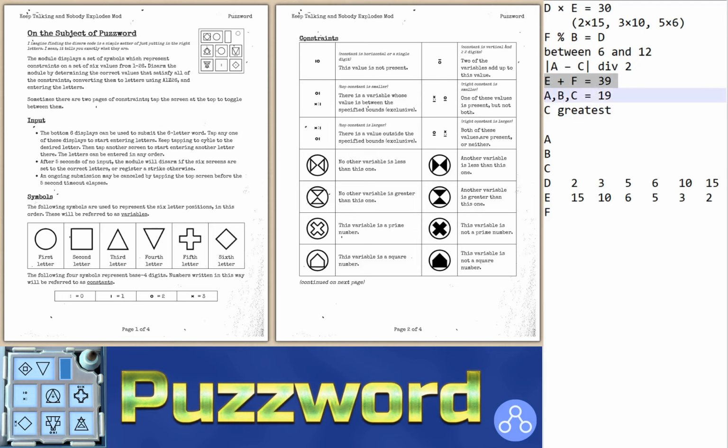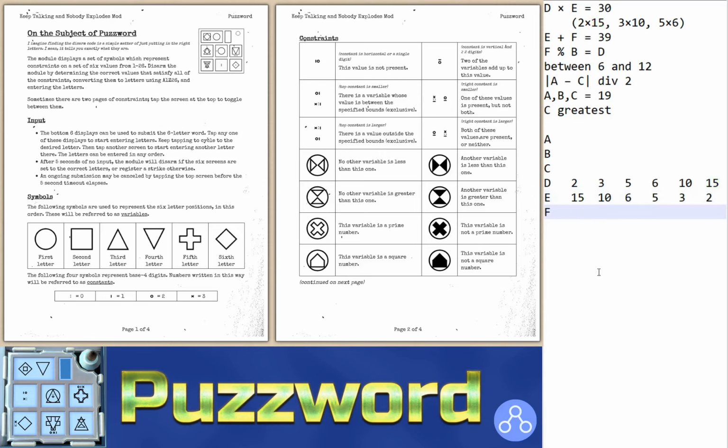Well, we know that echo plus foxtrot has to give you a sum of 39. So obviously, if you subtract echo from this equation, you get foxtrot is equal to 39 minus echo. So we're going to do that right now. I'm going to move that up to the top already. So foxtrot is going to be 39 minus 15.